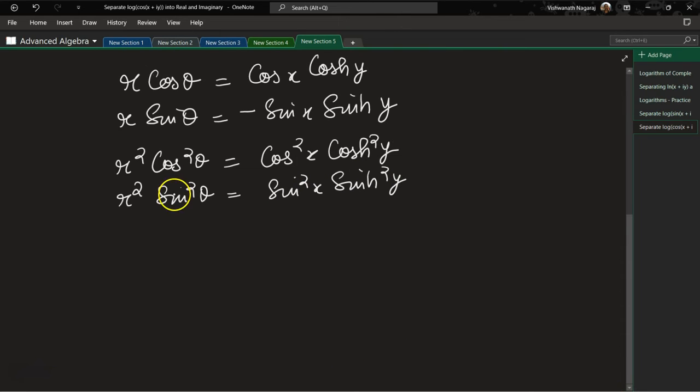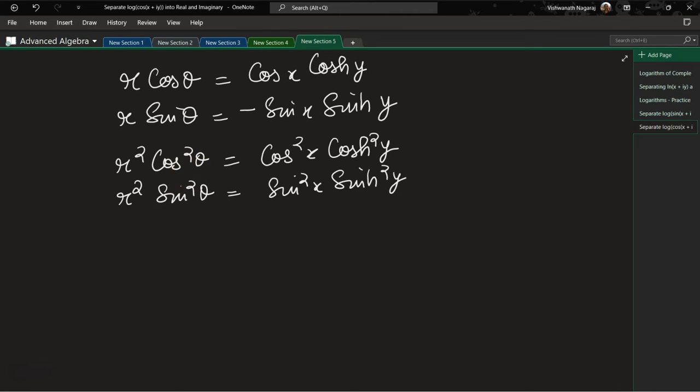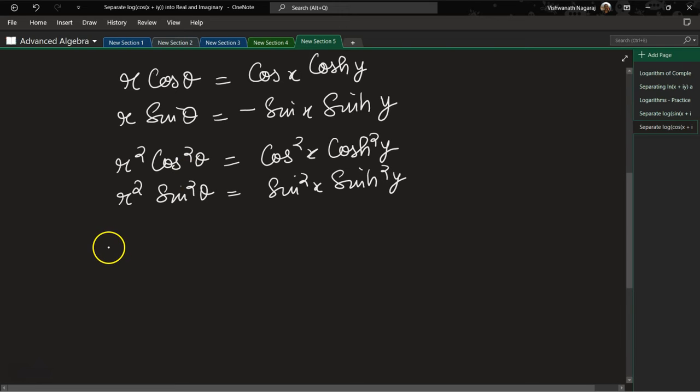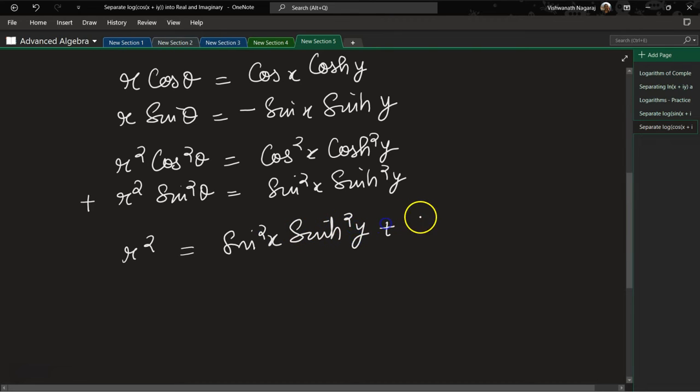Now, by looking at the left hand sides, we know if we add them, sine square theta plus cos square theta will become 1. Now, let's add these two. So, when we add these two, we get r square times sine square theta plus cos square theta, which becomes 1, equal to sine square x hyperbolic sine square y plus cos square x hyperbolic cos square y.